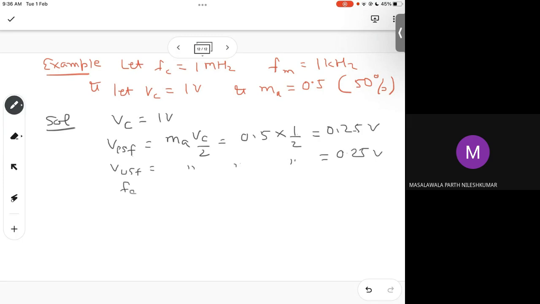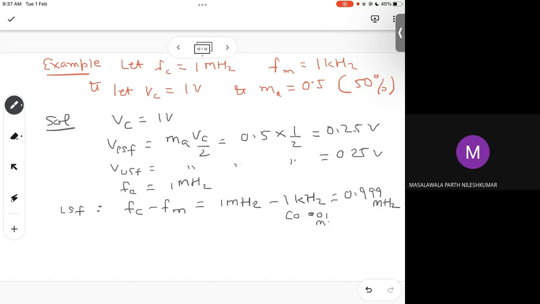That was from the voltage point of view. FC was 1 megahertz, and the lower side frequency is given as FC minus FM. That means it will be 1 megahertz minus 1 kilohertz. They are different frequencies, so I can retain it in terms of megahertz. So it becomes 0.999 megahertz.